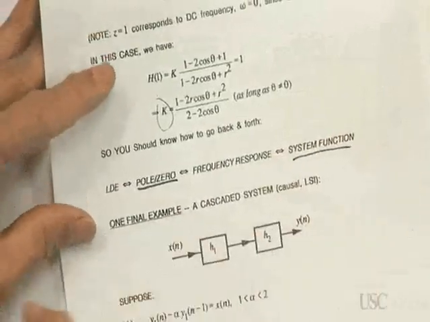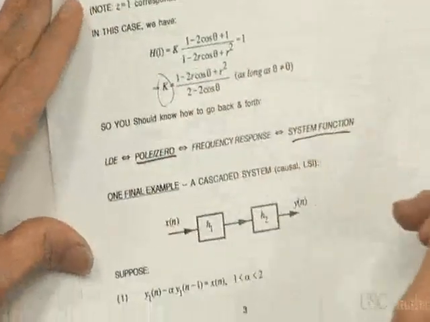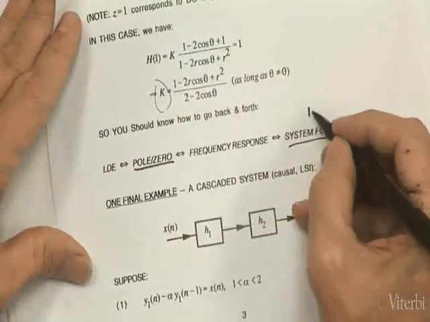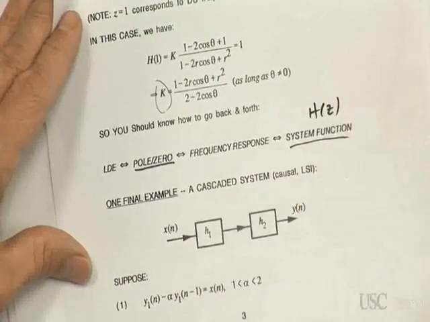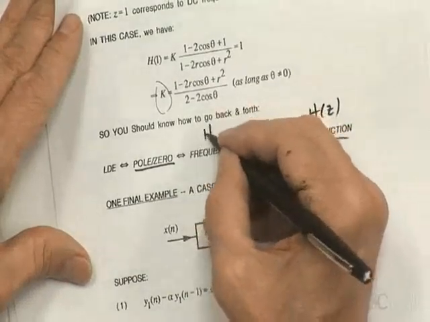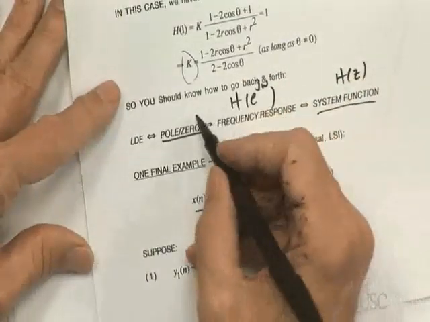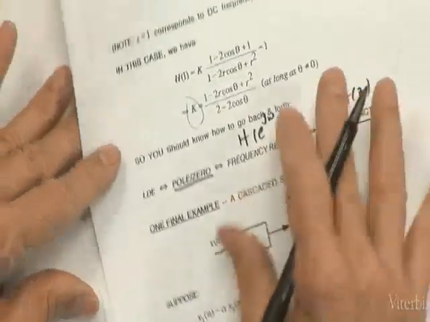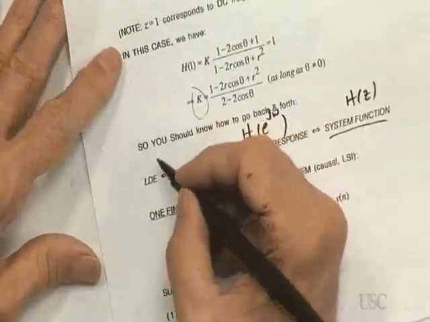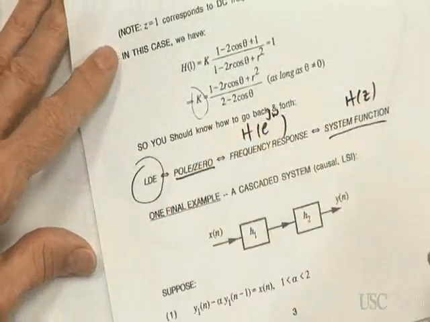And if I give you side information, you can get a constant, because that's just H of z. And if you know what H of z is, obviously you will know what H of e to the j omega is. And if you know what the poles and zeros are, then you can expand the numerator and denominator, then you can get the difference equation.